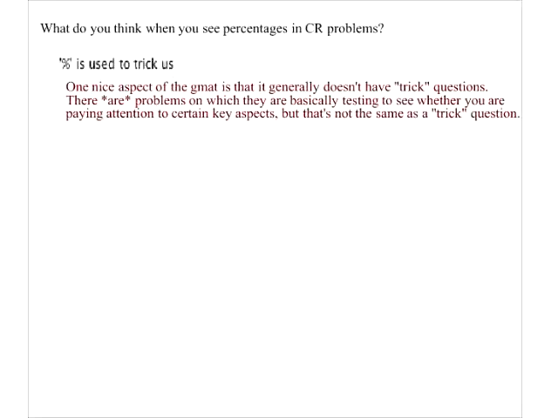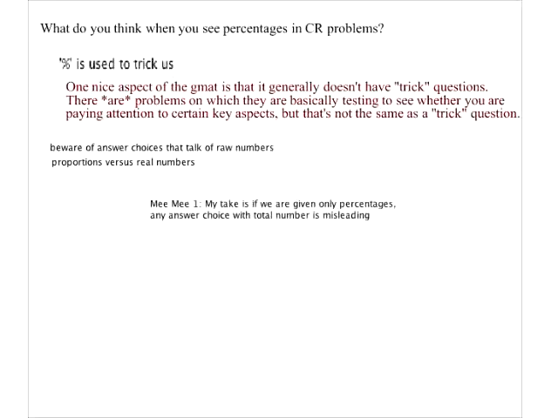A couple of you are starting to nail what I'm getting at here, though, which is beware of answer choices that talk of raw numbers. I think that's what relativity means when someone wrote that versus real numbers. These three people, the ones I'm going to put on the board right now, are at least on the wavelength that I'm trying to get at here.